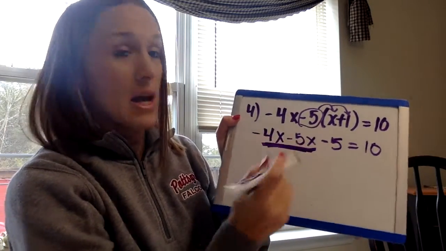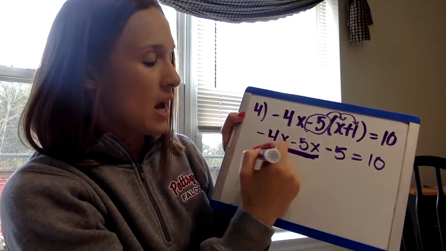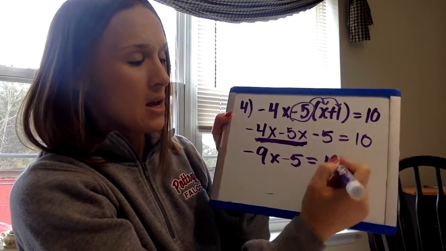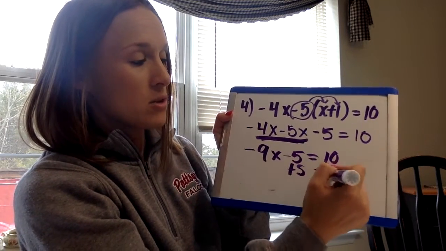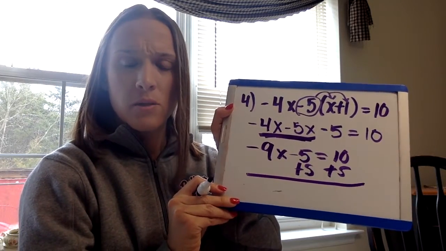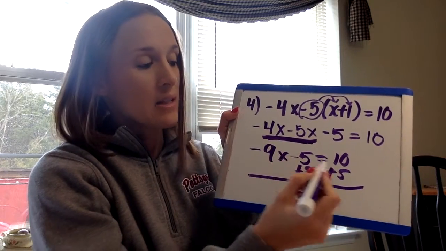This and this get combined. So that's negative 4x minus 5x, which is negative 9x. So negative 9x minus 5 equals 10. Add 5 to both sides. So that's going to give you negative 9x is equal to 15.